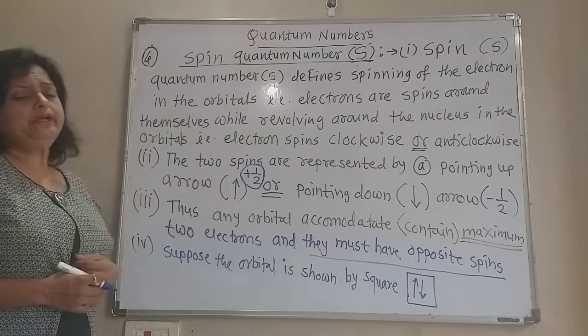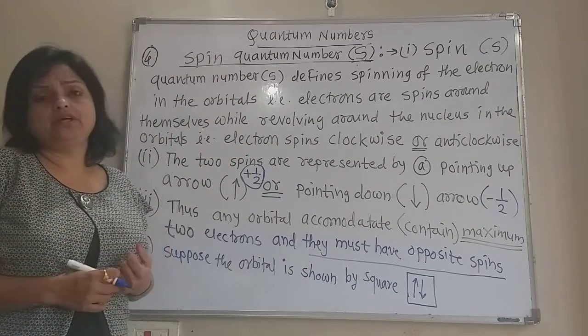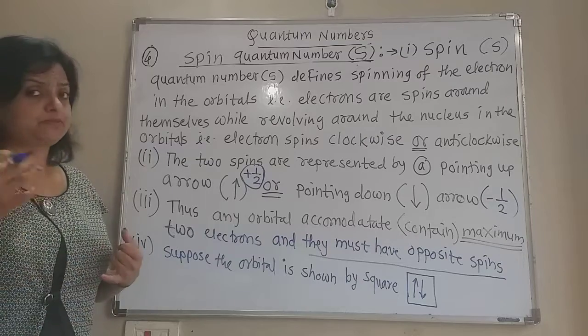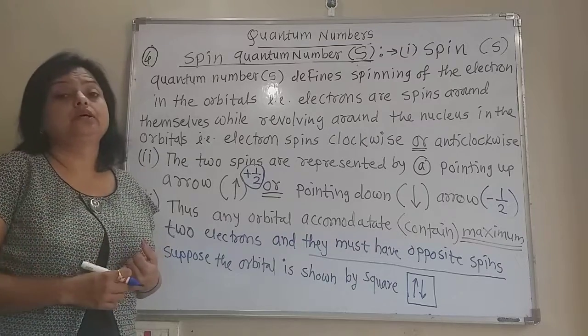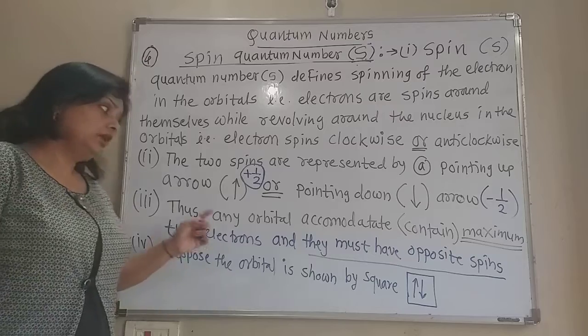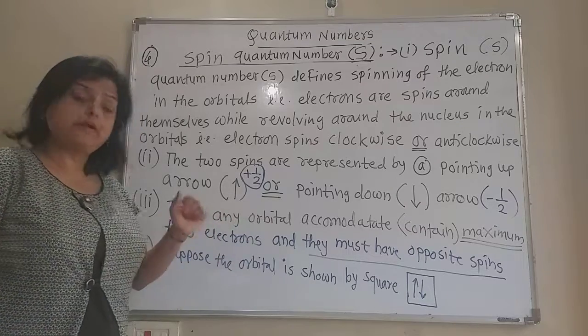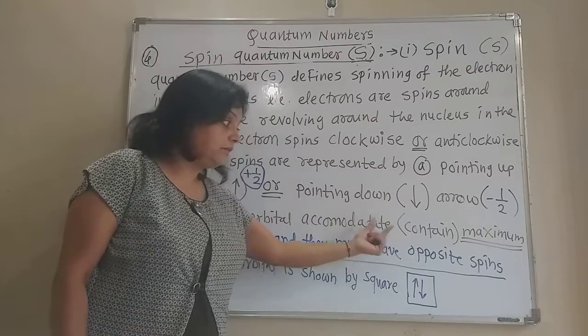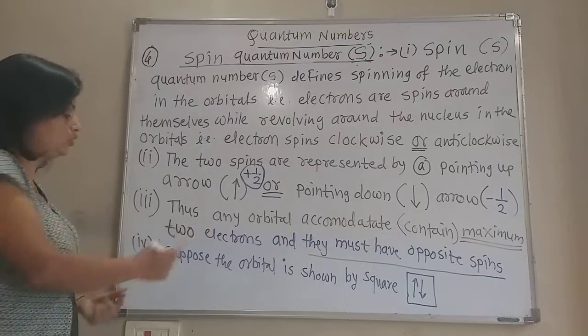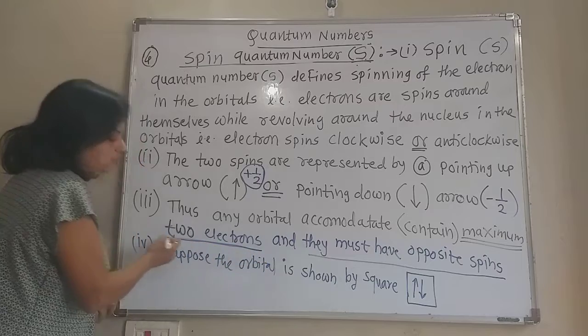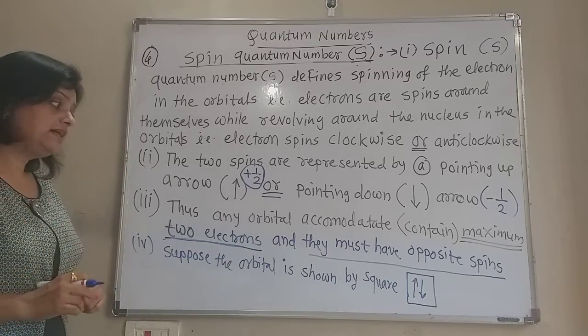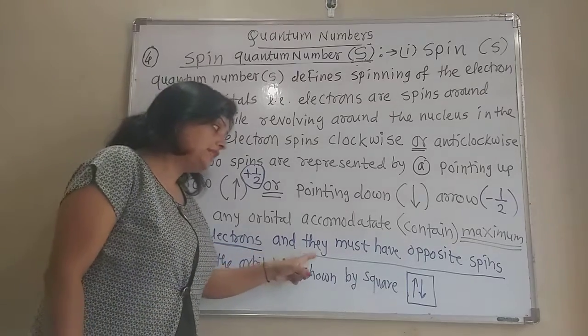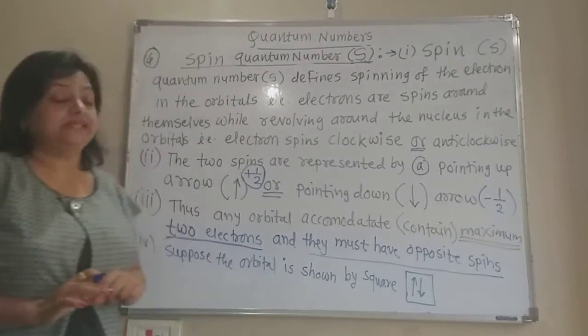Thus any orbital, that is, in the subshell, any orbital can contain a maximum of only 2 electrons. And what is the condition? The 2 electrons must have opposite spins.